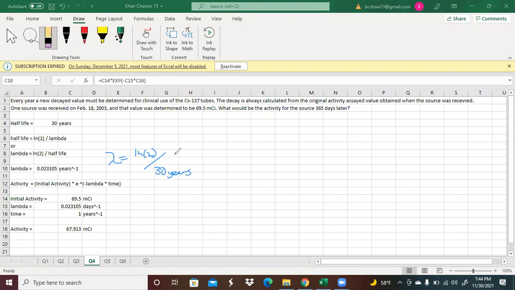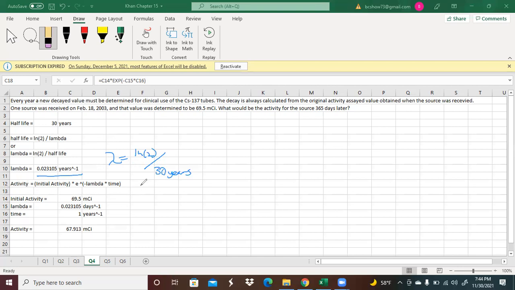It's a little bit over that, but not by much. That's going to turn out to be that value.